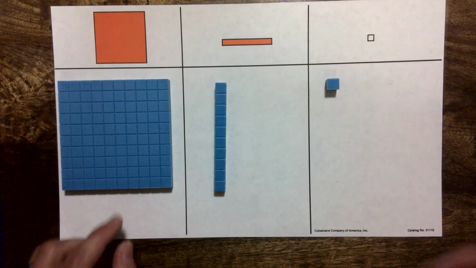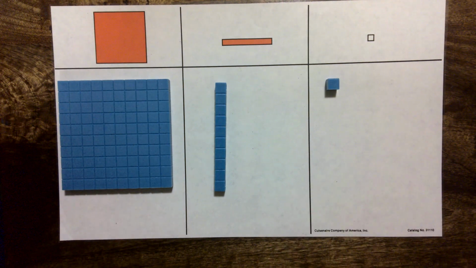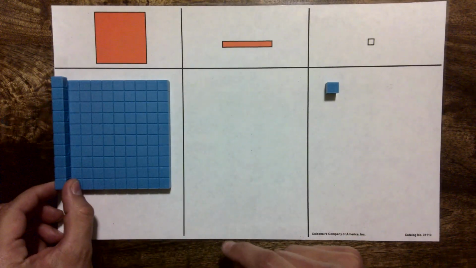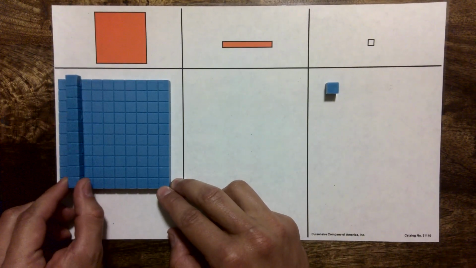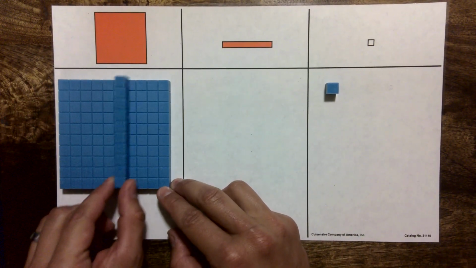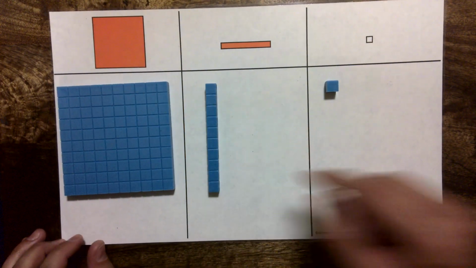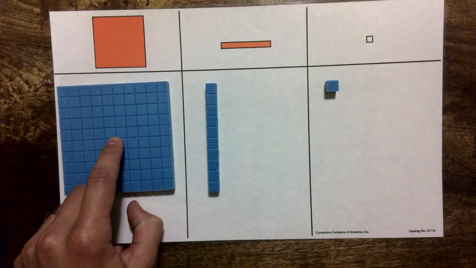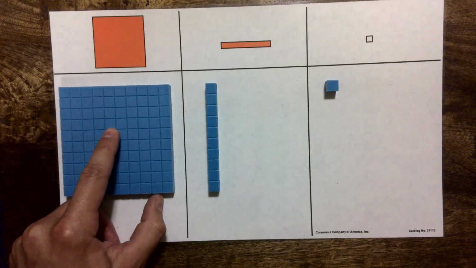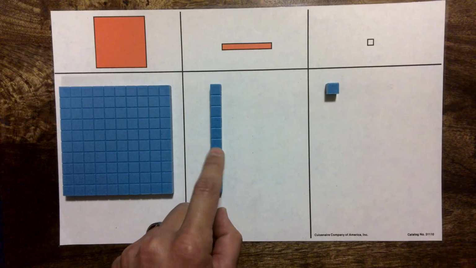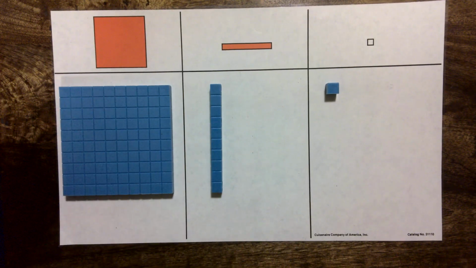If we're using that fraction logic again, then one of these strips, it would take 10 of these equally sized parts to make up one whole. So that means each of these is 1/10 of the whole, right? So this is our ones place, then this is our tenths place. Each of these represents 1/10 of the whole.